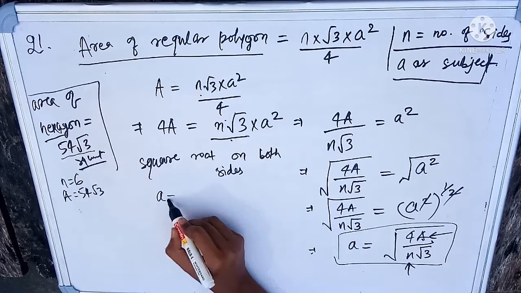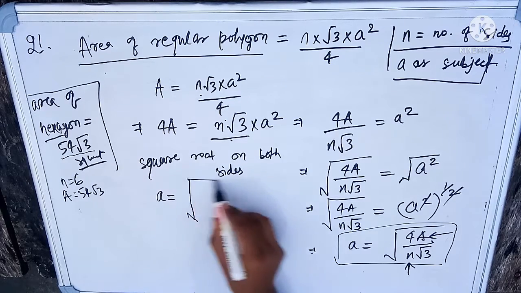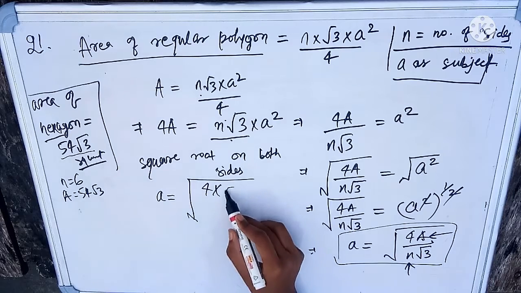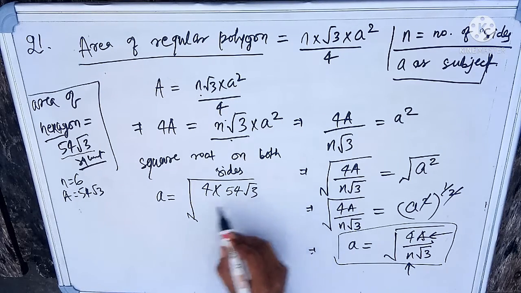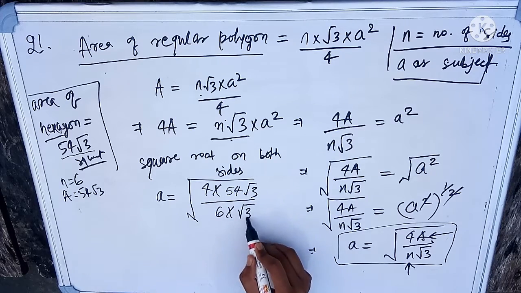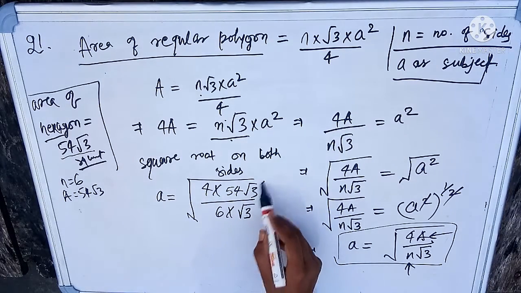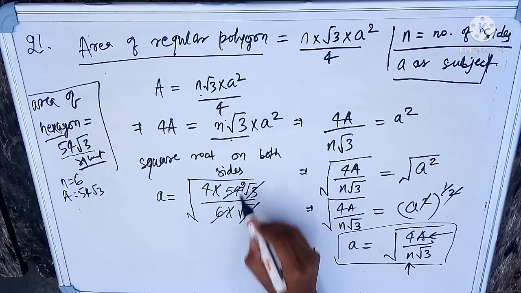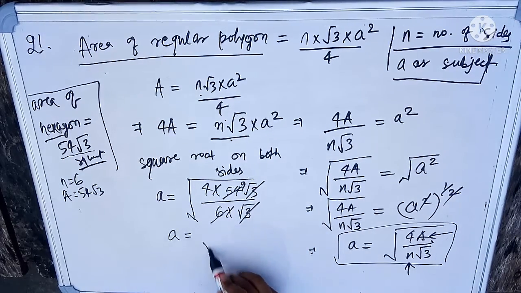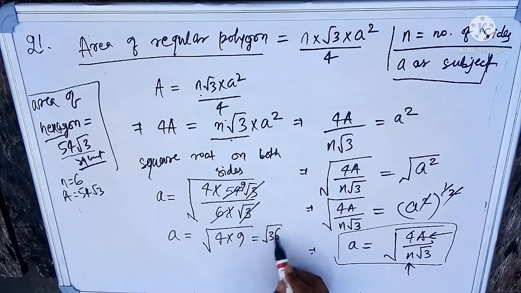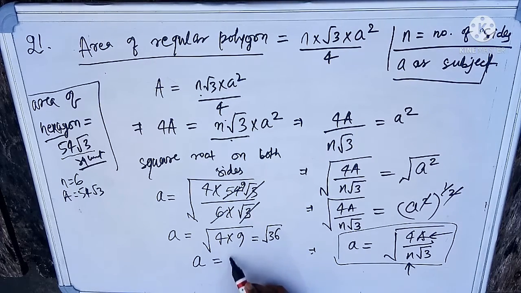Now a is equal to square root of 4A, which is the area, and the area we have here is 54 root 3, divided by n, we have 6, multiplied by root 3. So from here we can cancel this root 3. We can cancel this 54 nine times. So we have a equal to root under 4 multiplied by 9, which is root under 36, and thus we can find the value of a as 6.